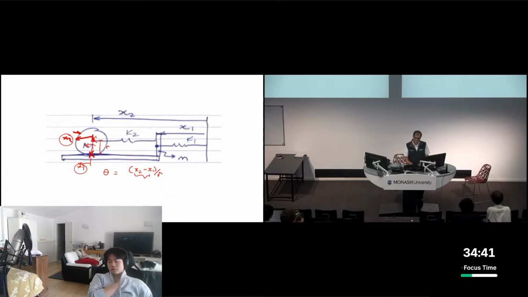The generalized coordinate is because, okay, I know that this is going to move, right? So I said this moves by x1, and I know that this is going to move, so I say that this is x2.